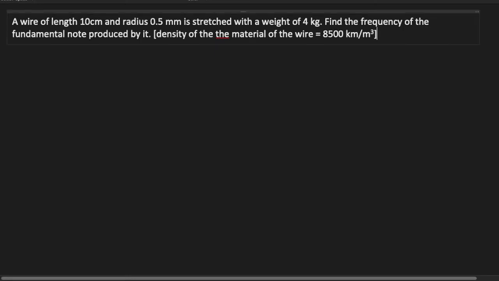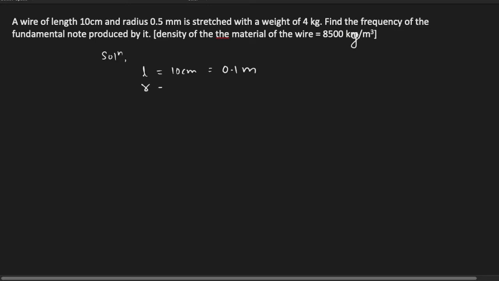Then our next question is on the screen. A wire of length 10 cm and radius 0.5 mm is stretched with a weight of 4 kg. Find the frequency of the fundamental note produced by it. Density of the material of the wire is given as 8500 kg per meter cube. So our solution: length is given as 10 cm, that is 0.1 meter.